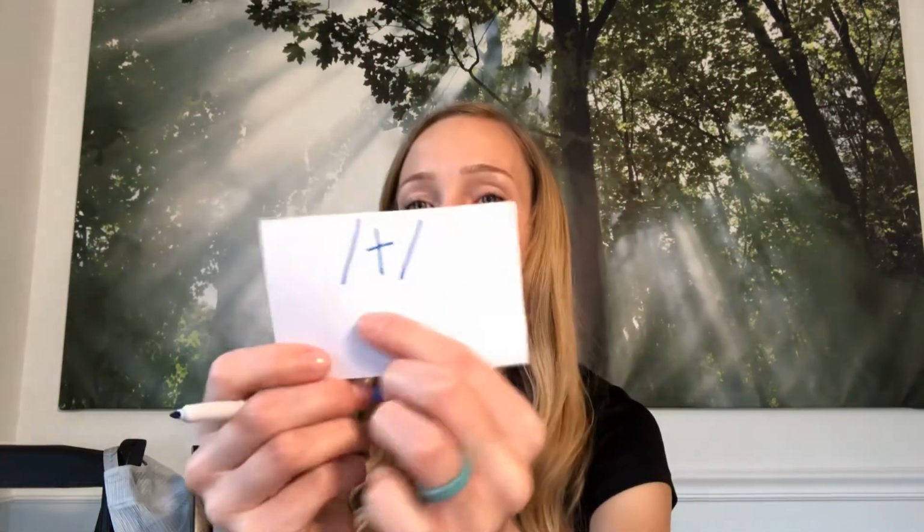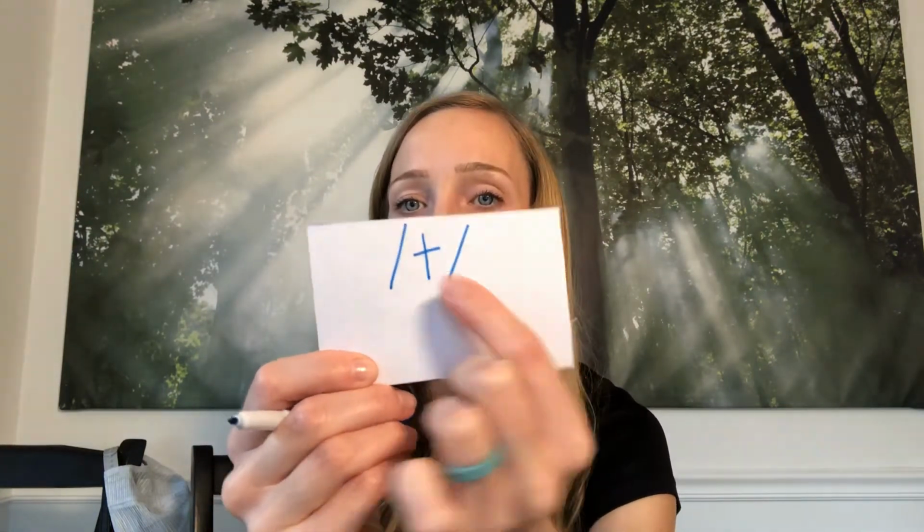The last sound ed can make is t. Remember, my two diagonal lines make the sound t. I'm going to write the word locked. Lock with an ed, locked.